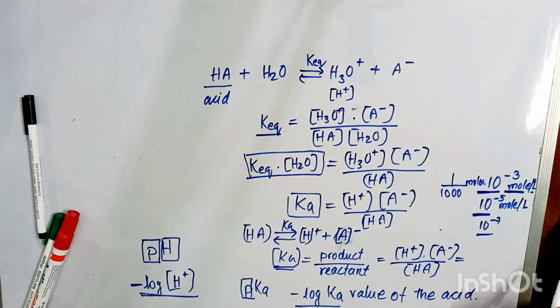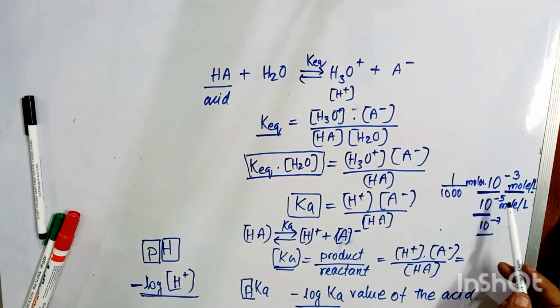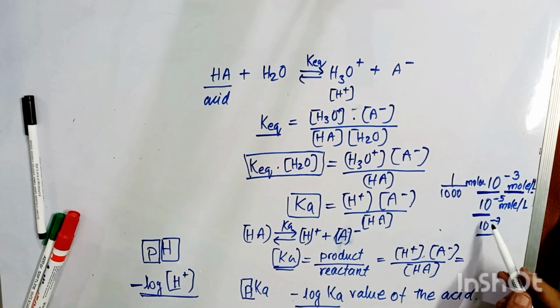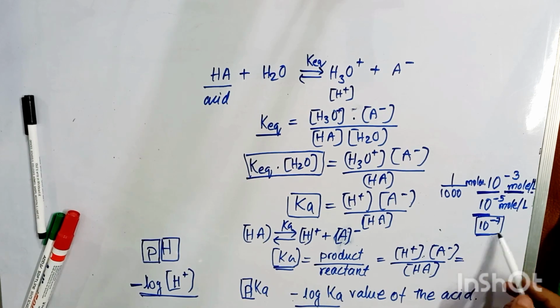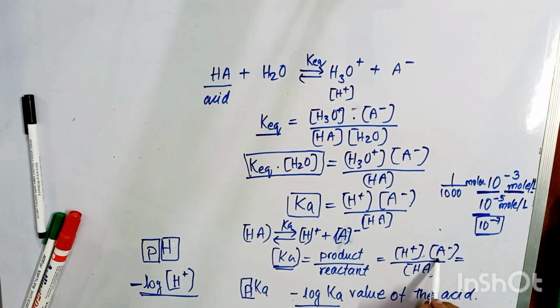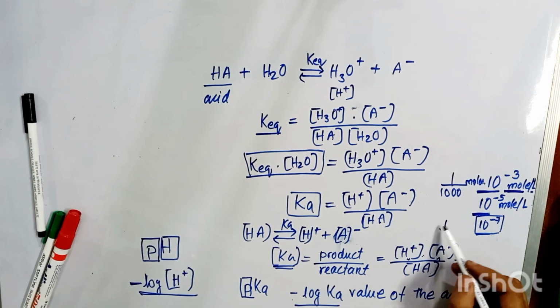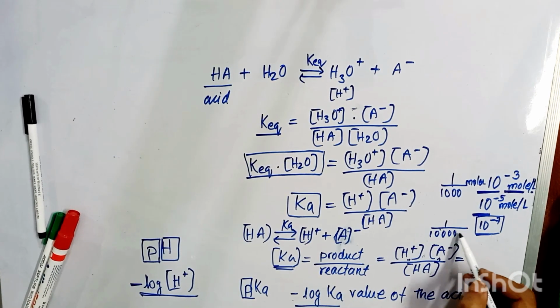So if I write a Ka value which is around 10 to the power minus 3, and another which is around 10 to the power minus 7, the first indicates a much higher value. That means it's a very strong acid, and it has liberated all its H plus ions and completely ionized. If the value is around 10 to the power minus 7, that is 1 by 10, 1, 2, 3, 4, 5, 6, 7.